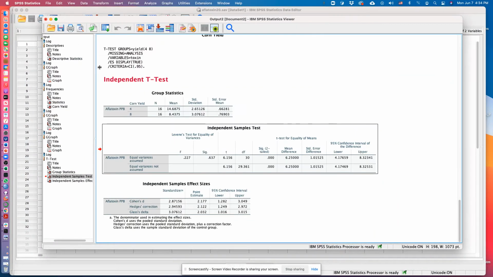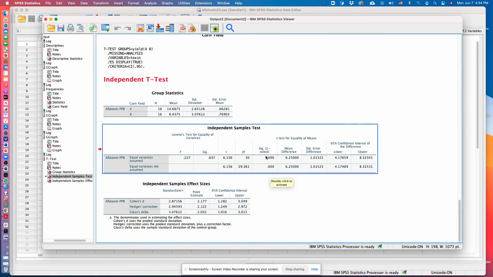So that is our p-value, and therefore we say that the likelihood of these results happening if H0 was true, if our null hypothesis that there was no difference between the means of those two groups was true, is infinitesimally small.